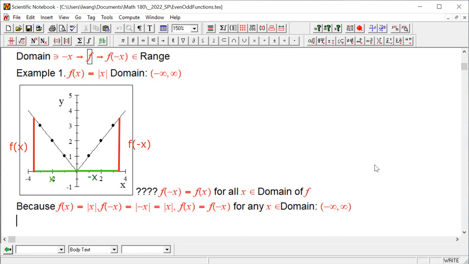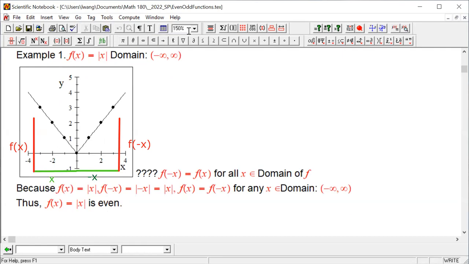And then you can say, thus, this function is even. That's it.